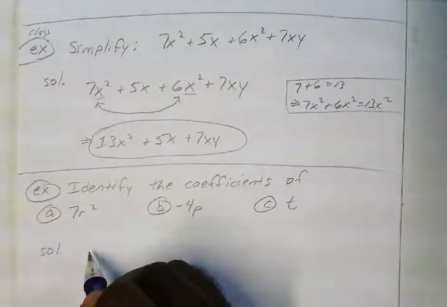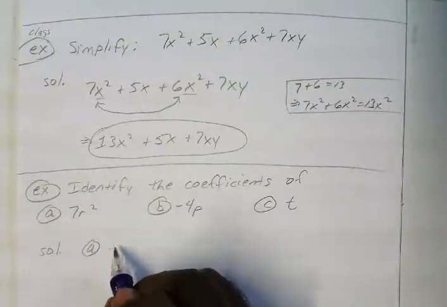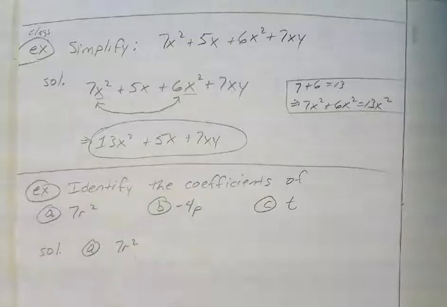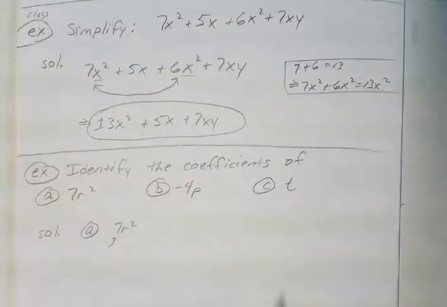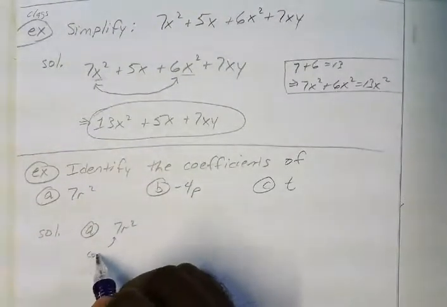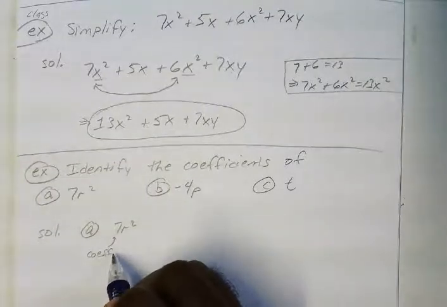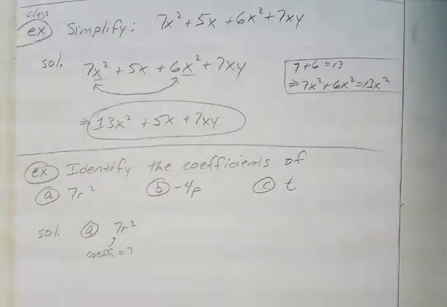Alright, so we'll look at problem A. Remember, your coefficient is just the numerical value next to your variable. So for A, the coefficient is 7.